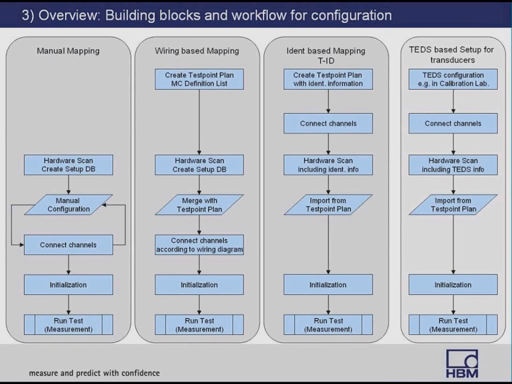The third option was to use the ident-based mapping with a TID number. And the fourth option, which is used in parallel to the other options, is a TEDS-based setup for transducers, for example, load cells or displacement transducers. This can be used.